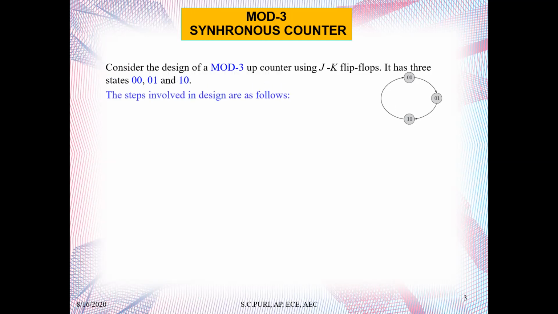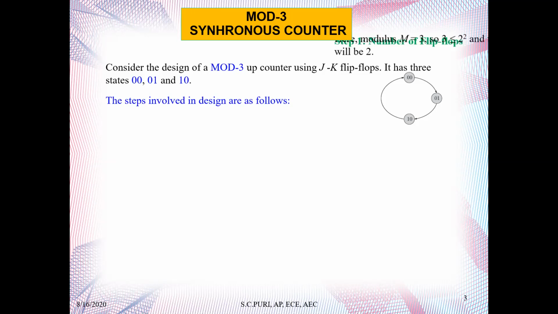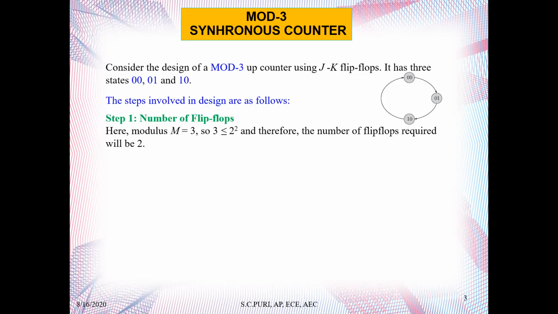So now the steps involved in design are as follows. We will just go as per the steps which have been taught to you in the previous slide. Step 1, number of flip-flops. Here modulus m is equal to 3. The expression to find the minimum number of flip-flops was m less than or equal to 2 to the power of n, where n is the number of flip-flops.